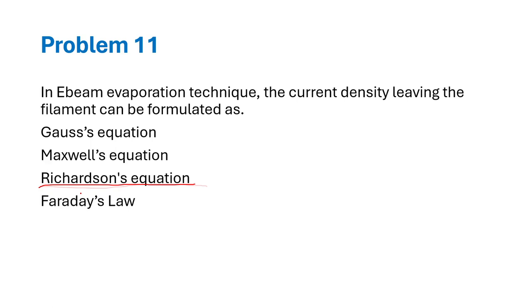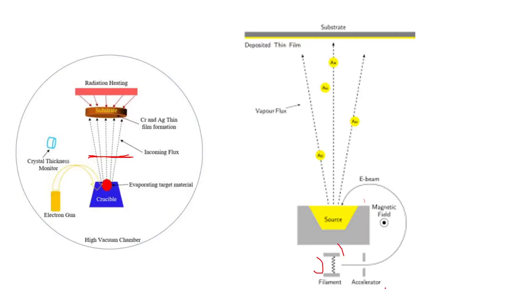In PVD, electron beam heating works by, so PVD is physical vapor deposition. A is generation of argon plasma, B is magnetic focusing of electron beam, C is resistive heating of filament.